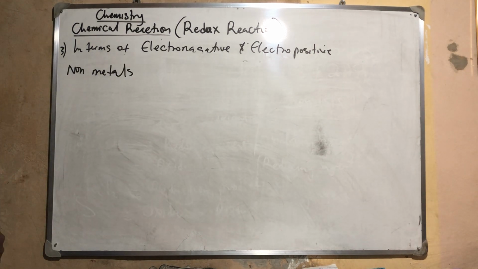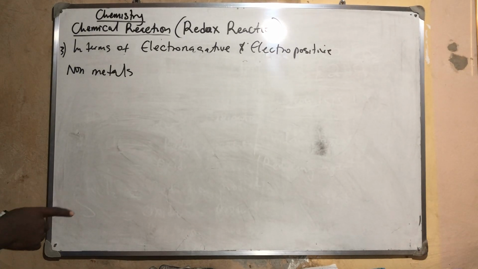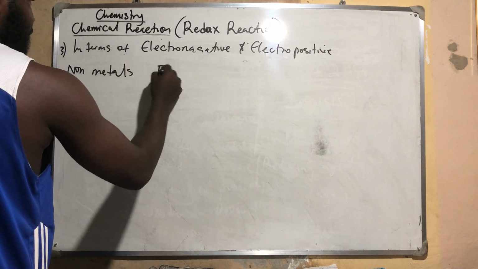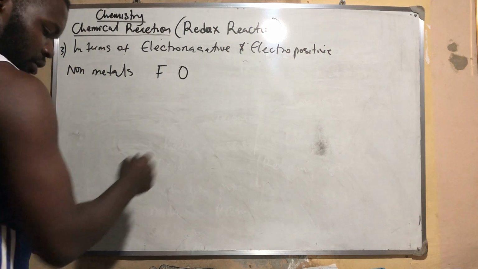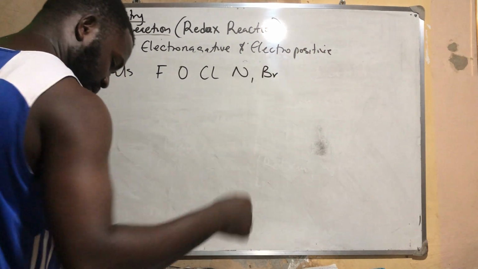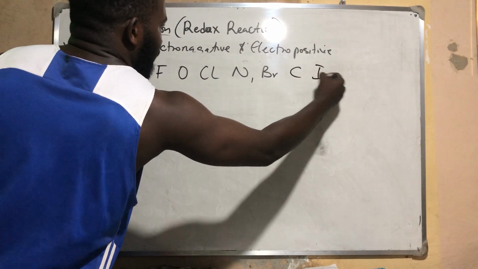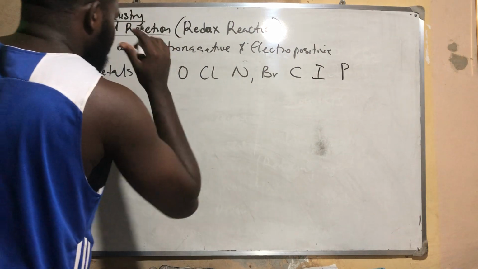For non-metals, electronegativity decreases from fluorine to phosphorus. We have fluorine, oxygen, chlorine, nitrogen, bromine, carbon, iodine, and phosphorus.